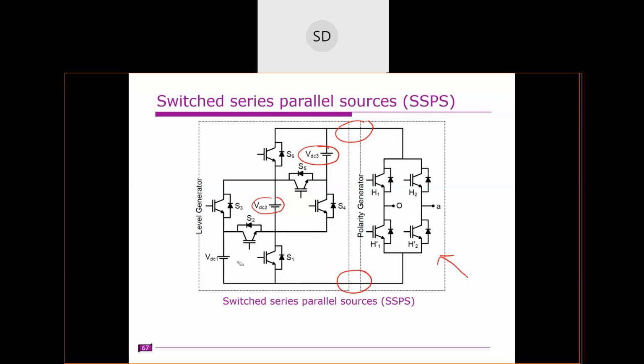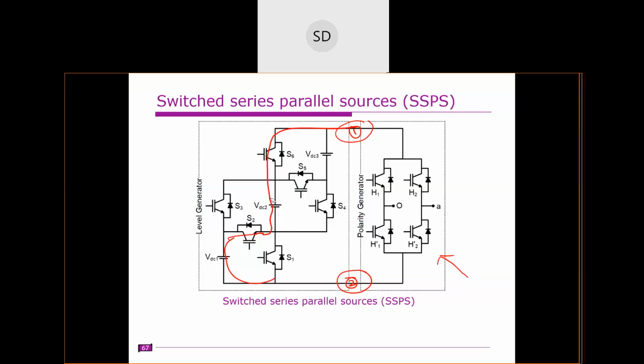Now if you want to produce 2 VDC across these 1 and 2, which device do you need to trigger? S2 and S6. If you turn on S2 and S6, you can obtain 2 VDC, right?